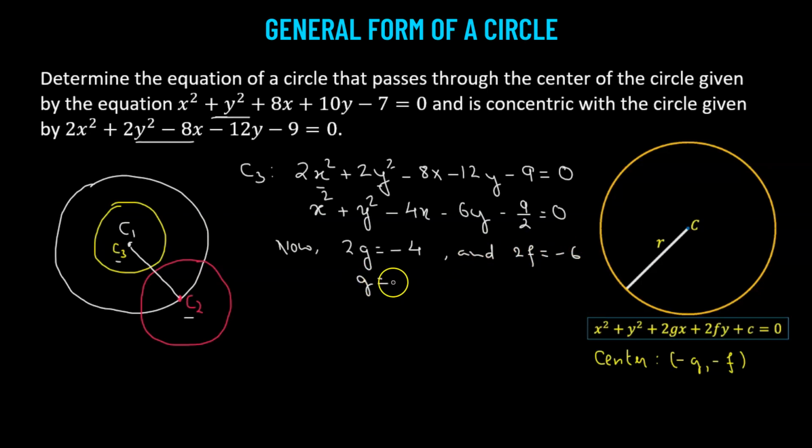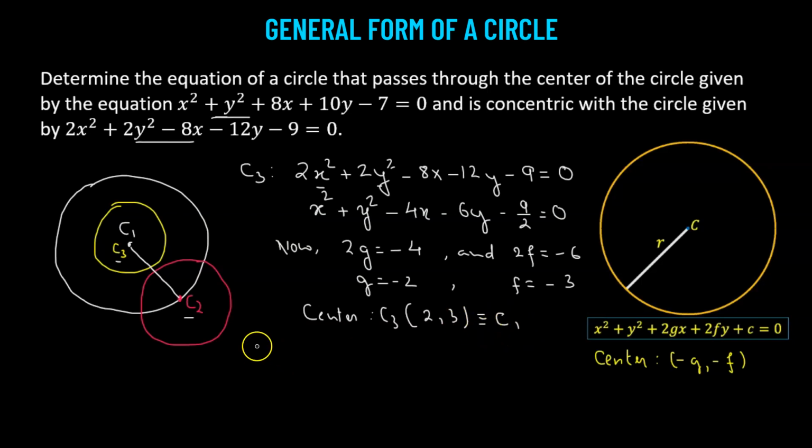So g comes out to be negative 2, and f comes out to be negative 3. Now that we have the values of g and f, we can easily define the center. The coordinate of the center C3 is going to be (2, 3), because we have to consider negative g and negative f, and this is exactly equal to the center C1. So now we have obtained the coordinates of center C1.